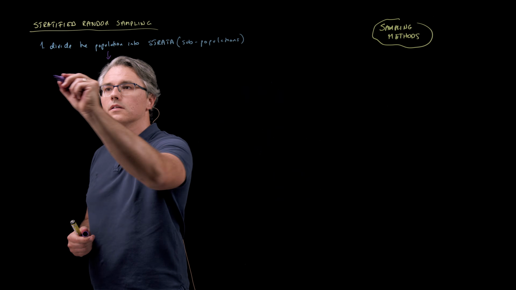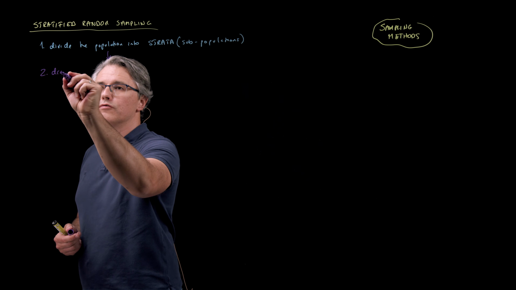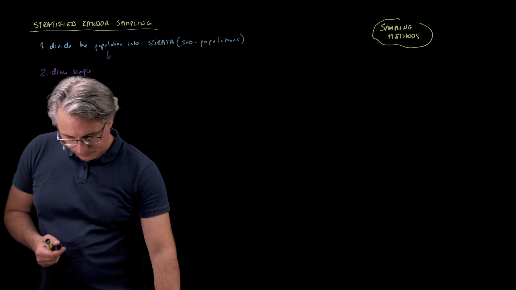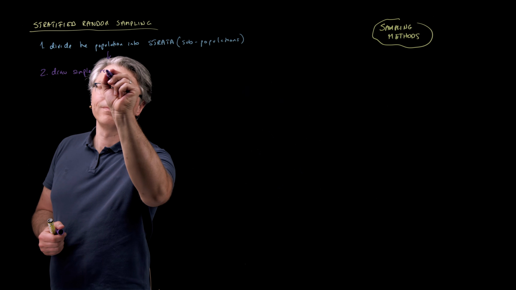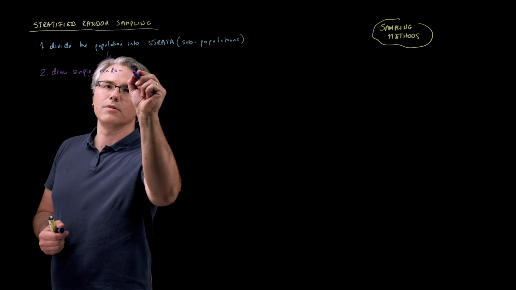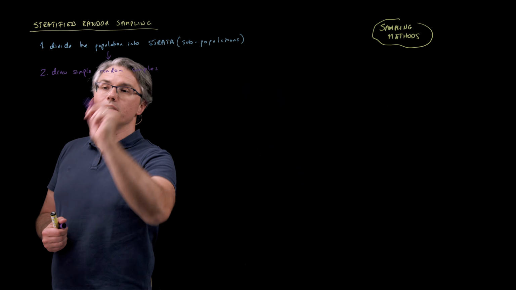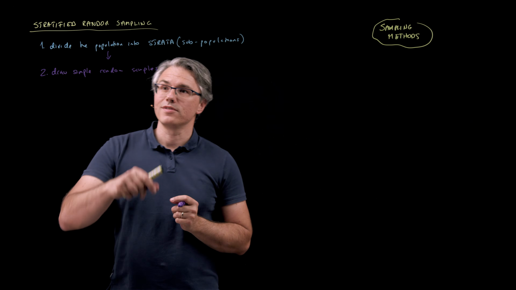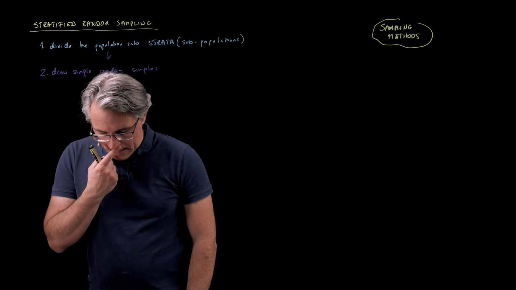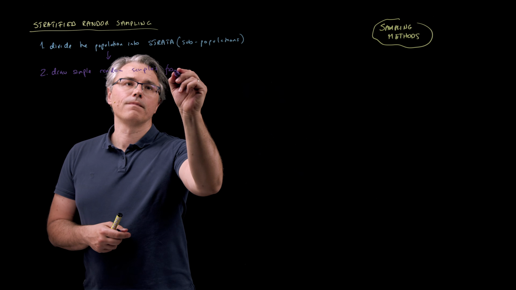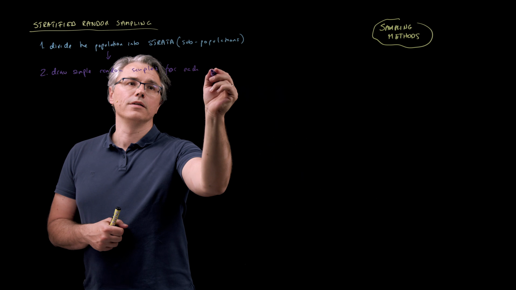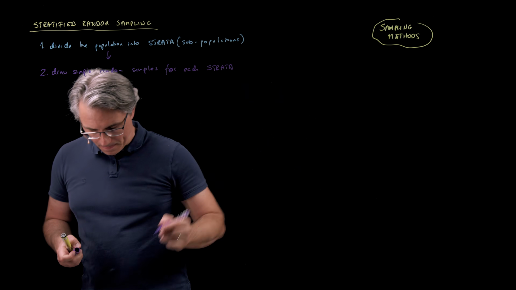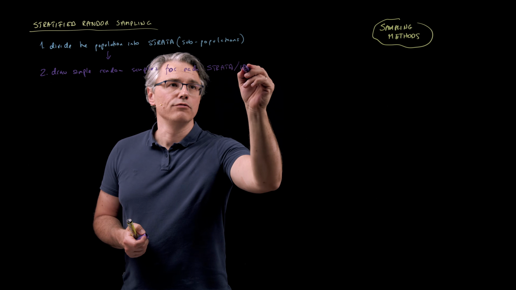Then, as step number 2, we will draw simple random samples, the ones that we previously discussed, giving every member an equal chance of being drawn, for each of the strata or stratum.